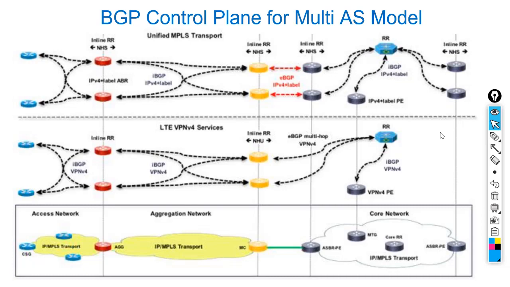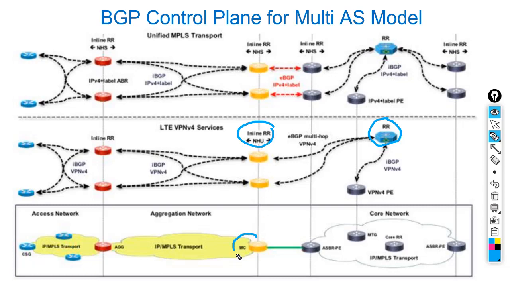There are different options. In the metro network, we choose option C, which uses a route reflector in each AS to exchange VPNv4 prefixes. So the route reflector in the core network will establish an EBGP multi-hop VPN neighbor relationship with a route reflector in the metro core network.